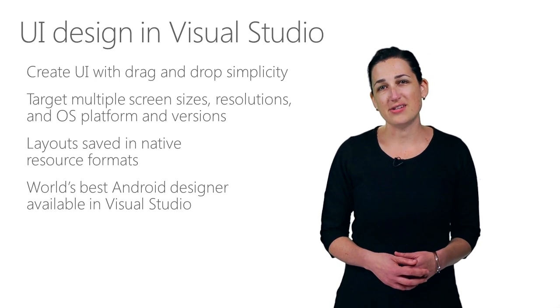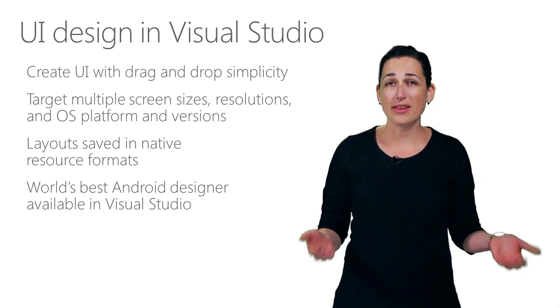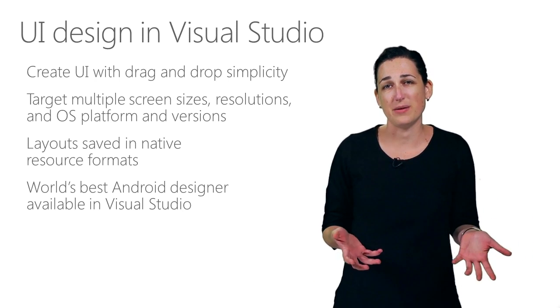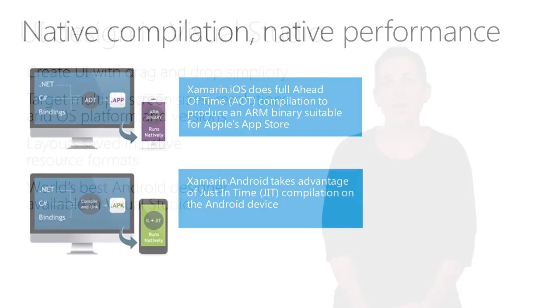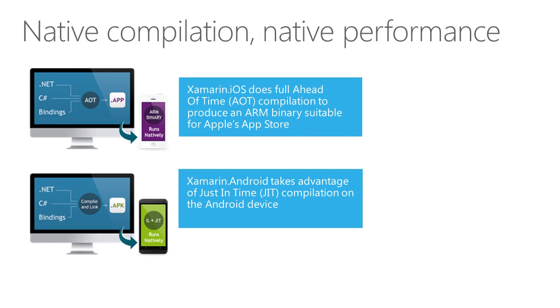The layouts are saved in the native resource formats, and the world's best Android designer is available in Visual Studio. But you don't have to compromise on performance. With Xamarin, you get native compilation to get native performance. On iOS, Xamarin performs full ahead-of-time compilation to produce an ARM binary. On Android, it takes advantage of the just-in-time compilation on the Android device.